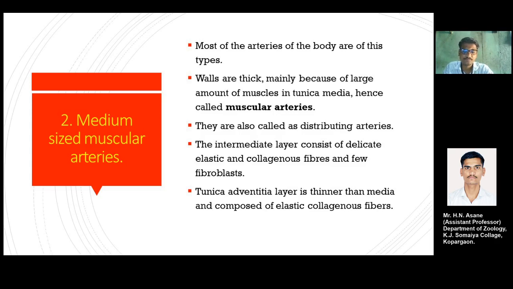So the composition of all types of arteries is quite similar, but the modifications are helpful for their particular role at a particular part of the body, and those changes help them perform their role better.